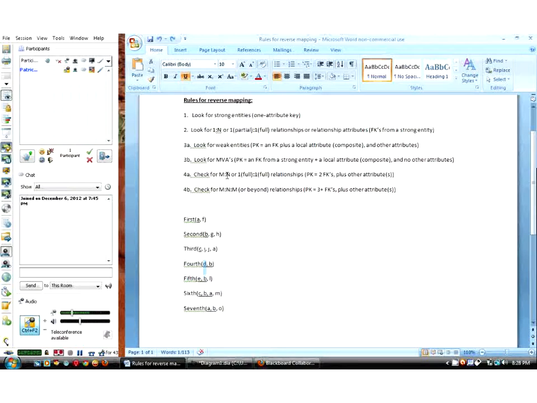So we'll check for M-to-N or one-full to one-full relationships. Okay, remember, kind of similar, in the same vein as MVAs, what you do with M-to-N or one-full to one-full relationships. There are other things you can do with one-full to one-full, but what I prefer doing, so we don't have any null values here, we excise, well, we don't excise, we create a new mapping table, okay?